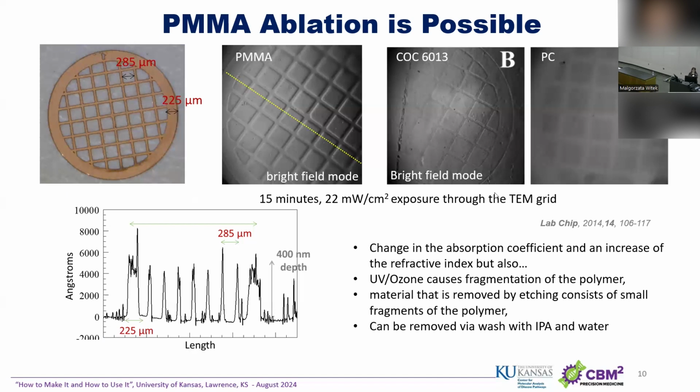So you can see here that PMMA, especially when you expose for 15 minutes very close to the UV ozone producing light, you can see the ablation of the polymer. If I run the profile of the surface exposed through what's called a TEM grid, you can see that you can even form 400 nanometer trenches, so to speak.